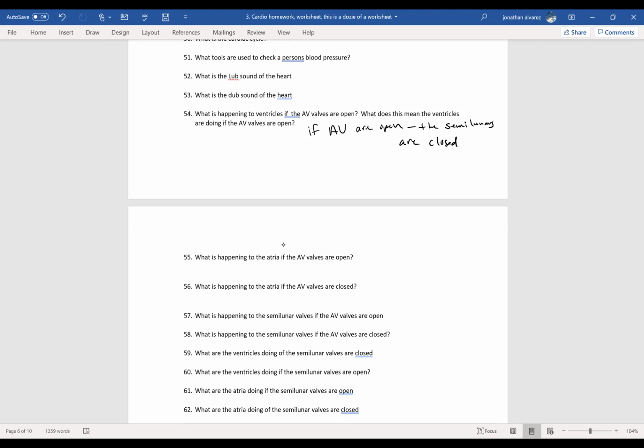If the semilunar valves are open, then the AV valves are closed. The semilunars are the aortic and pulmonary semilunar valves.